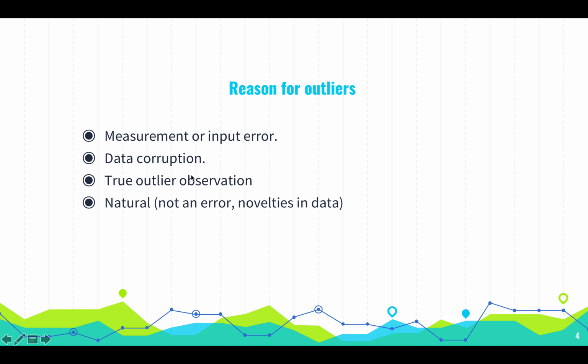There might also be some conditions, like the machine was working for so many hours. There was so much experimentation done on it that it got heated up. So that can be a reason for an outlier observation, which is not an incorrect observation, but a true outlier observation.